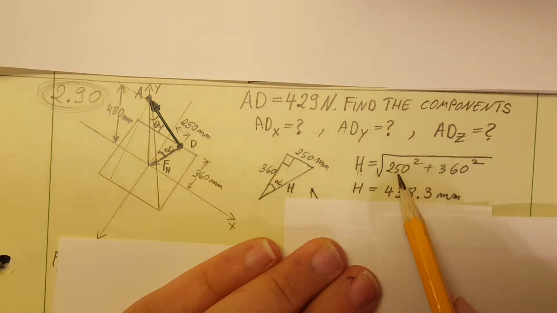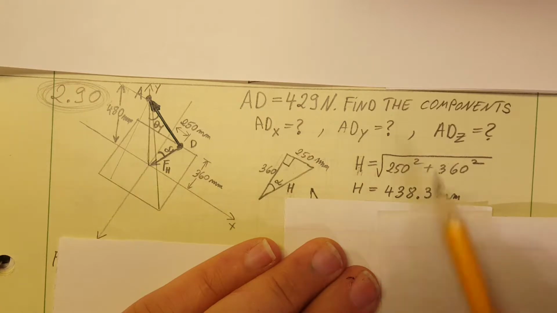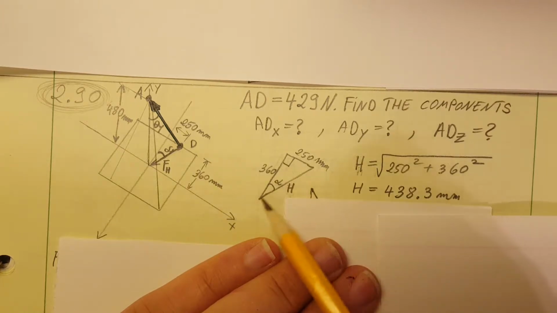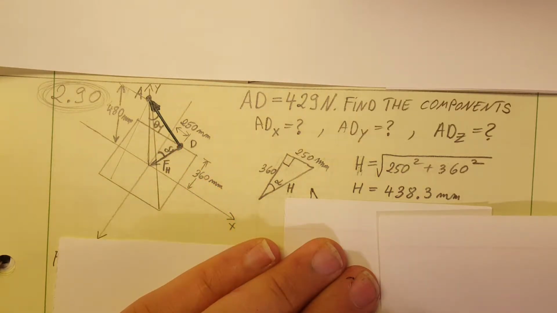So we are looking for a distance now. With the Pythagorean rule, we're gonna find h: square root of 250 squared plus 360 squared gives us 438.3 millimeters, and it will be in this triangle that we're gonna use to find some components.